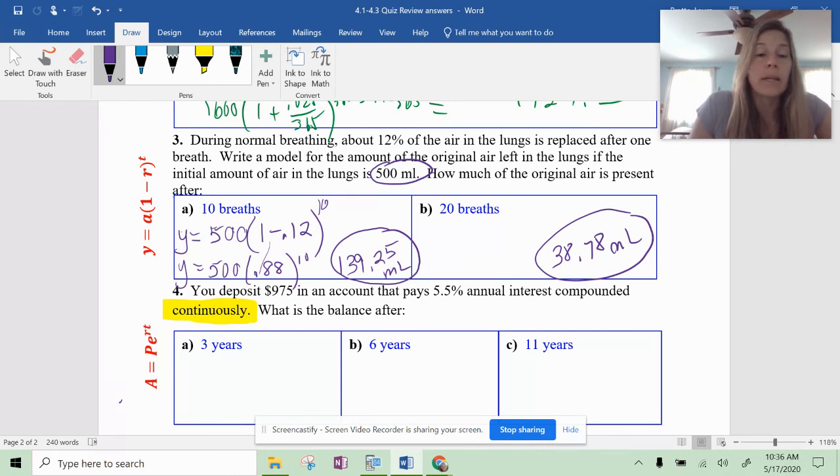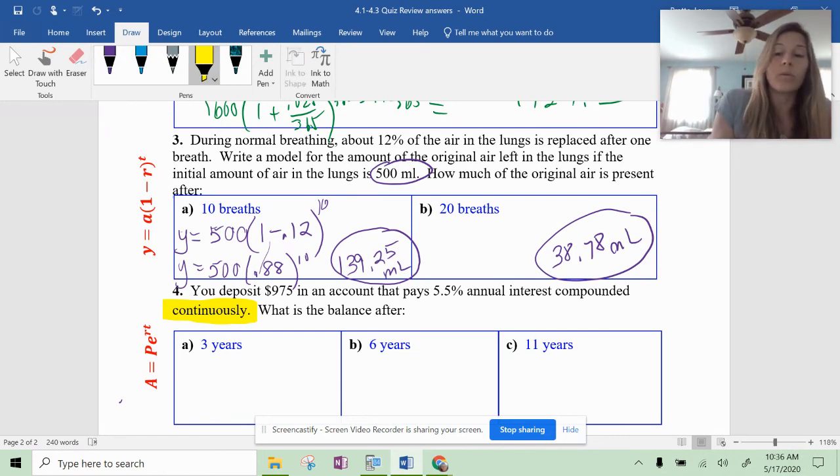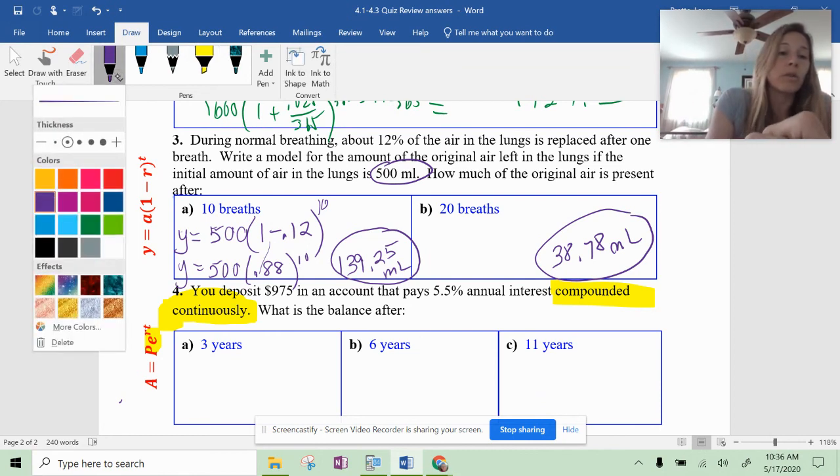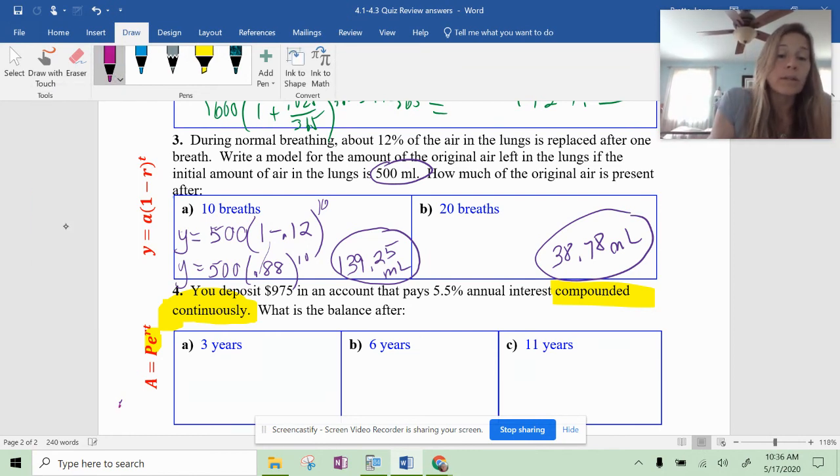All right, and then finally, the big thing here is if you see the words compounded continuously, that tells you you're using this formula. To me, that's like the easiest process-of-elimination problem. You see the word continuous, there's only one formula appropriate to use. So then, you're just plugging it in. Okay, so for 3 years, 6 years, 11 years.